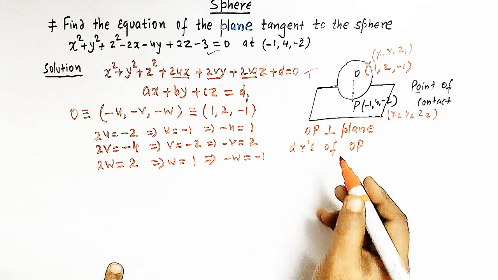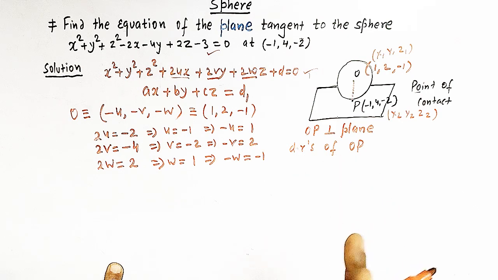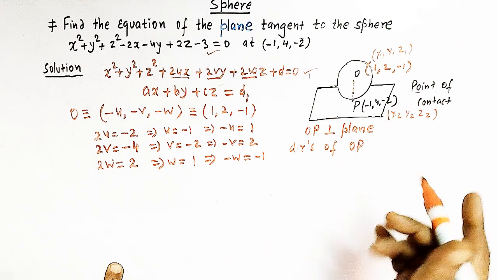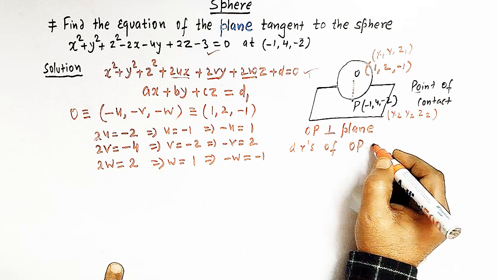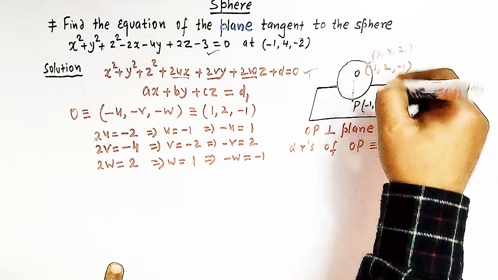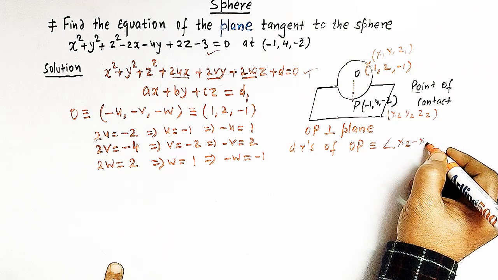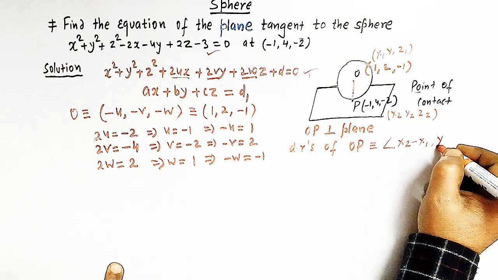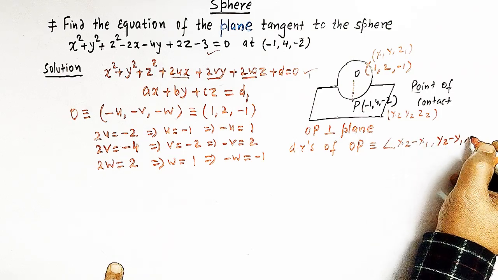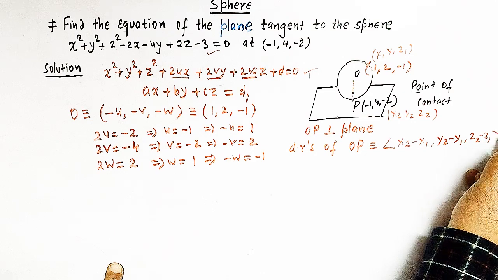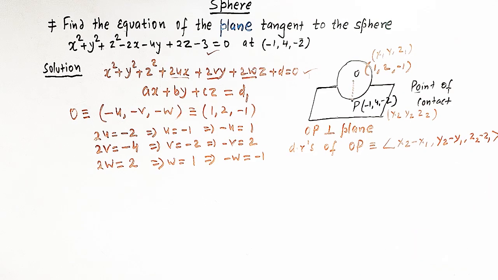So the direction ratios of any vector joining two points may be obtained by subtracting the coordinates. So we have x2 minus x1, then we have y2 minus y1 and z2 minus z1.